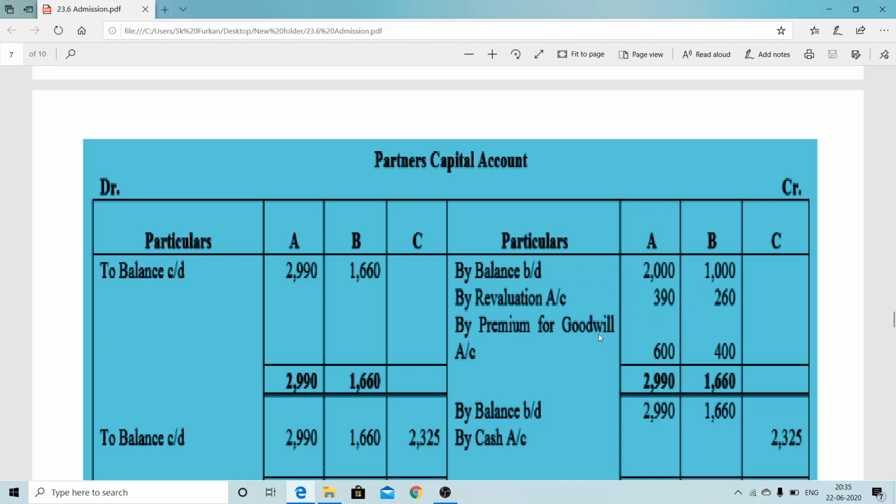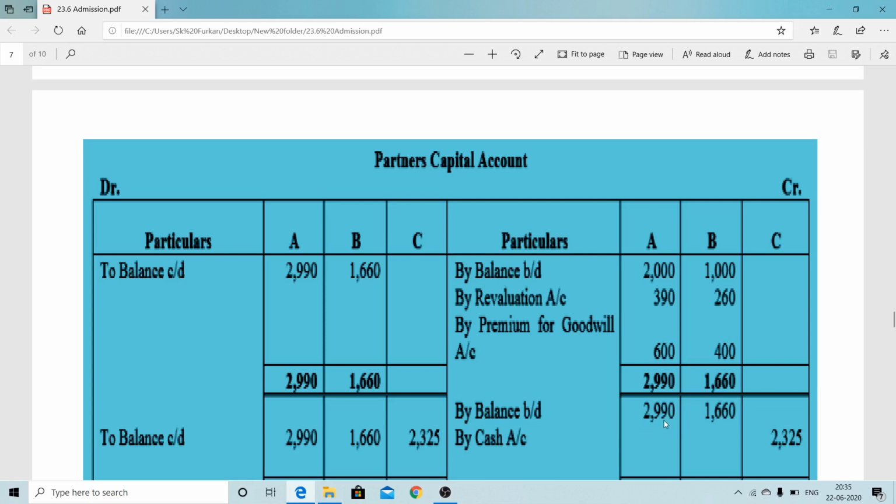By PGW, premium for goodwill, under SR goes 600 and 400. Debit side nothing is there, so that will be to balance c/d, that is the present capital. One more step we can do, by balance b/d, the same amount. So this is the present capital of the old partners.